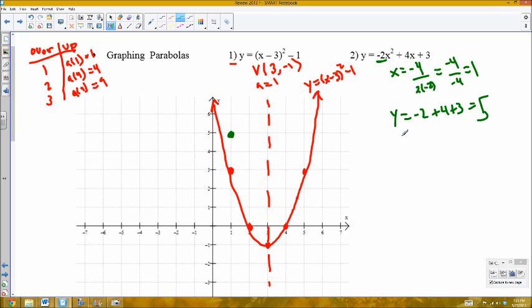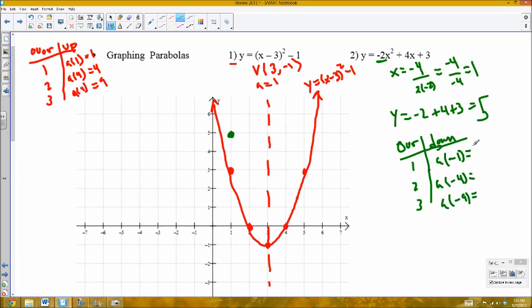In this case, my graph is negative, so it'll go down. So I'm going to go over 1, 2, 3. I'll go down a times negative 1, a times negative 4, and a times negative 9, which in this case is negative 2, negative 8, and negative 18.